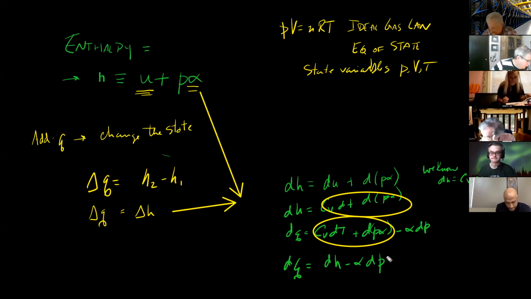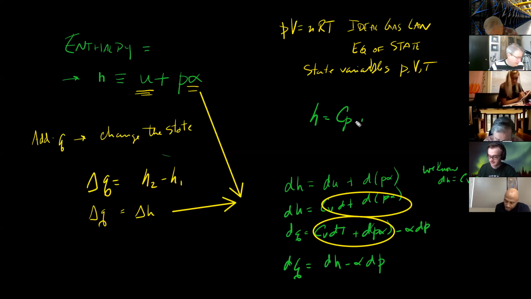But by comparing that to equation 3.46, so again, turn the page back, which was the first law that we just stated in the last one, we see that dH must equal Cp dt. Bless you.